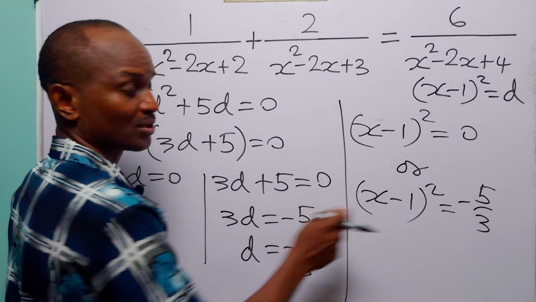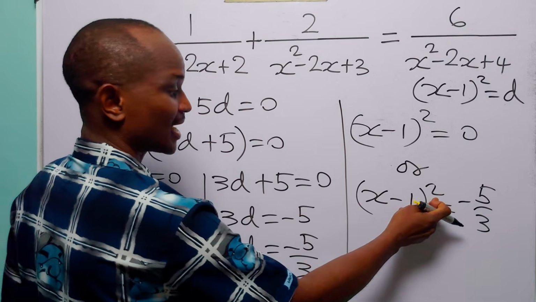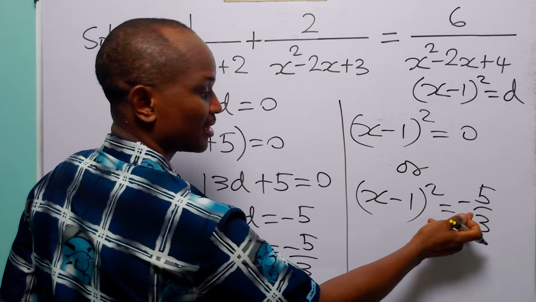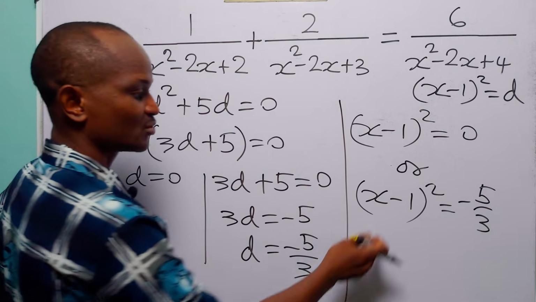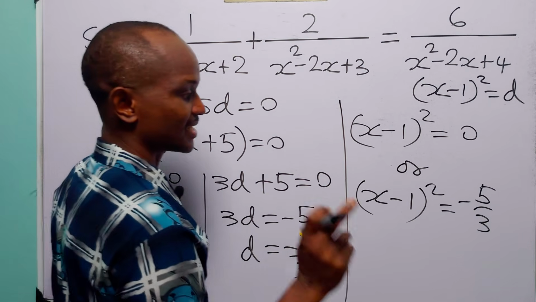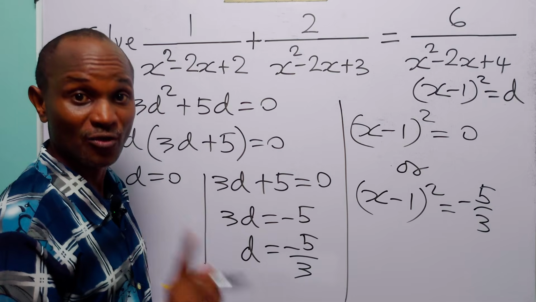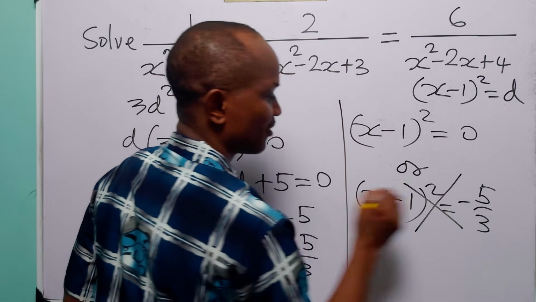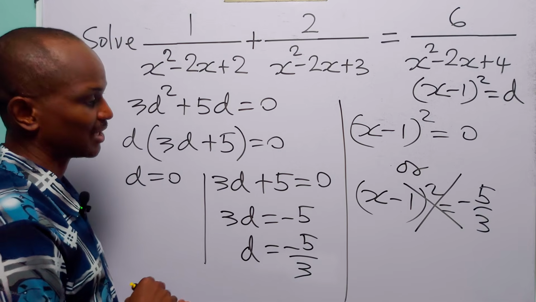But now look at this second equation. You know that the square of a real number must be non-negative, but we have that this is a negative number. So that means that since we are looking for the real values of x that satisfy this rational equation, this result is unacceptable.